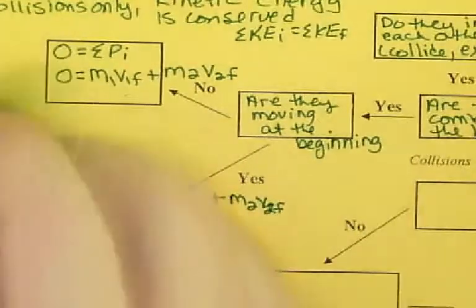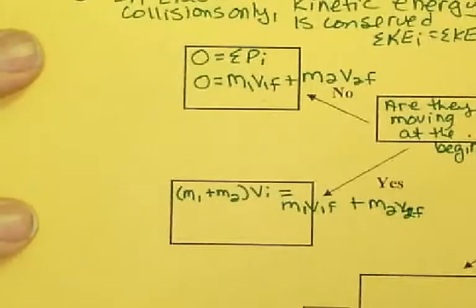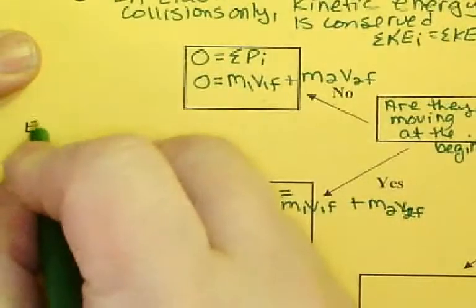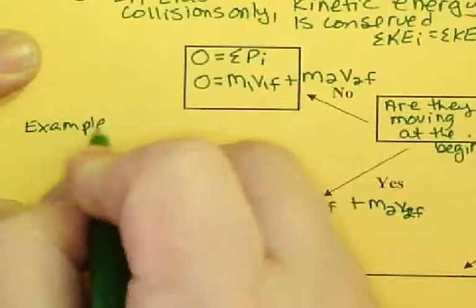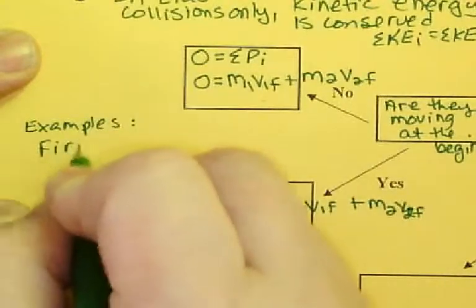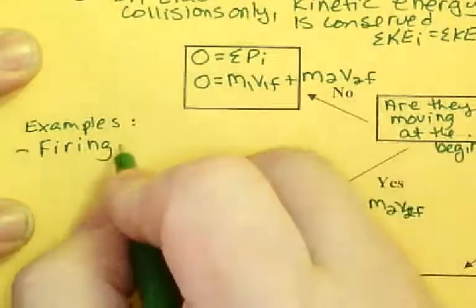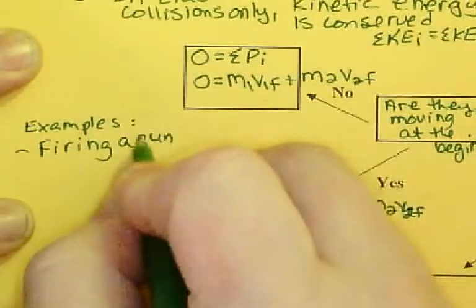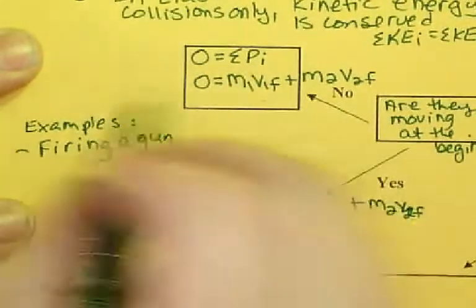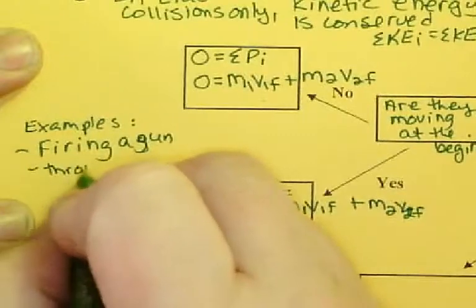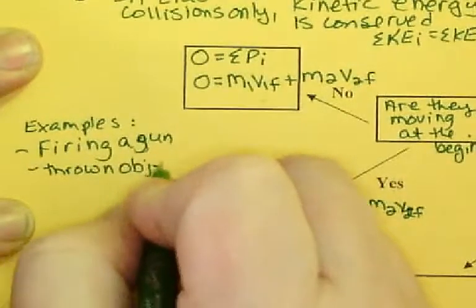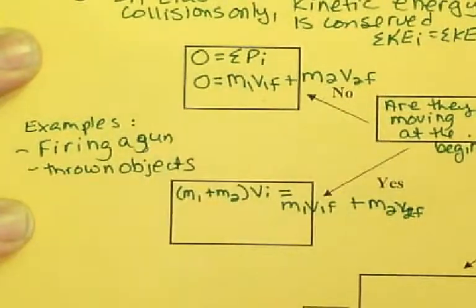So examples of these where they're combined initially would be firing a gun, or a cannonball. Throwing something, so thrown objects are a good example of this type of collision. We call them all explosions.